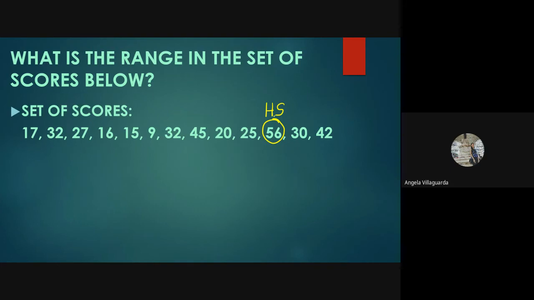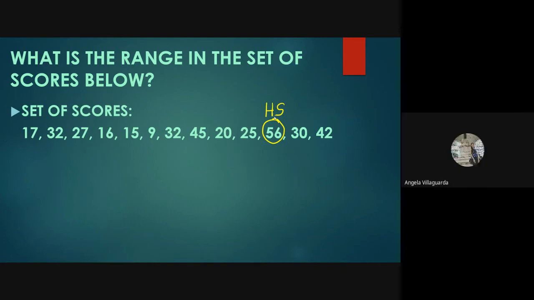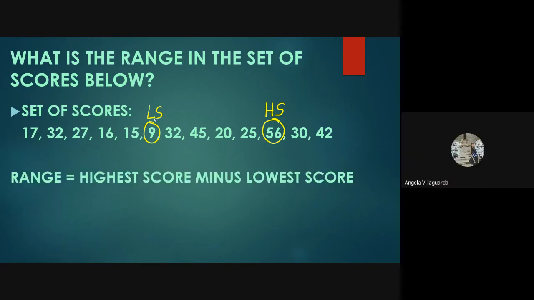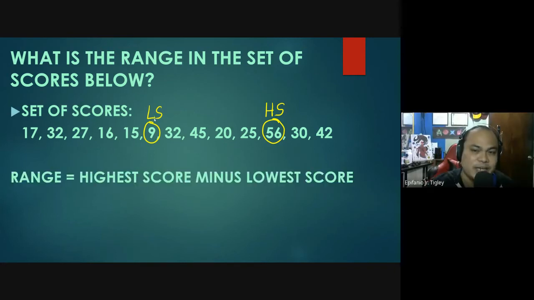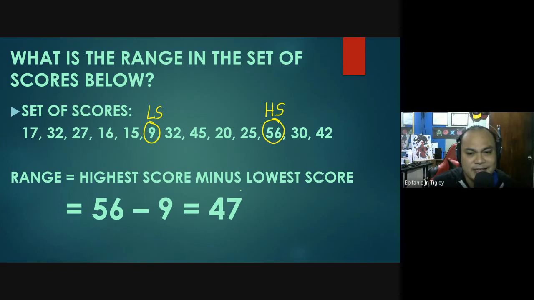What is the lowest score? 9. The lowest score is the number 9. So what are you going to do with 56 and 9? You subtract. So what is 56 minus 9? 47. Okay, there you go. Meaning the range for this data set is 47.